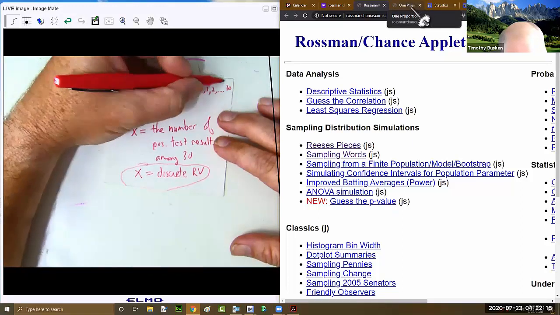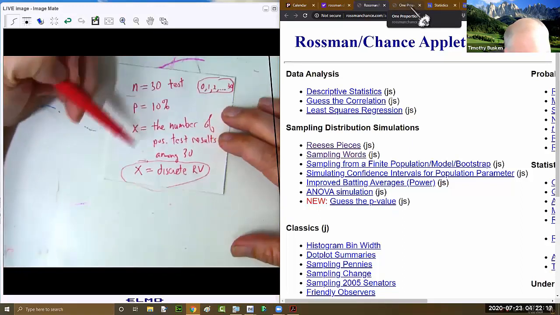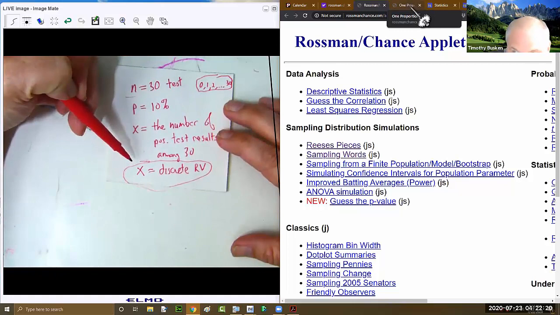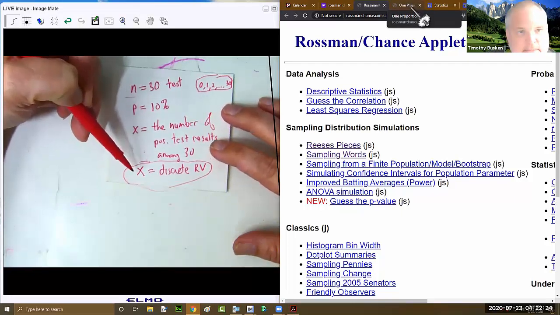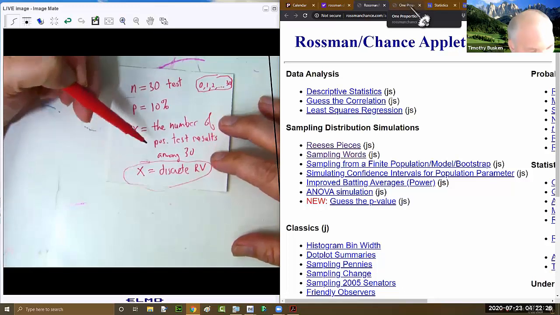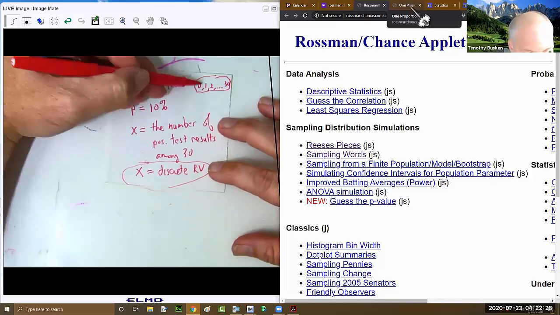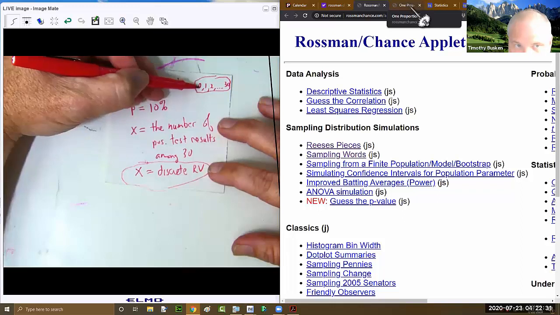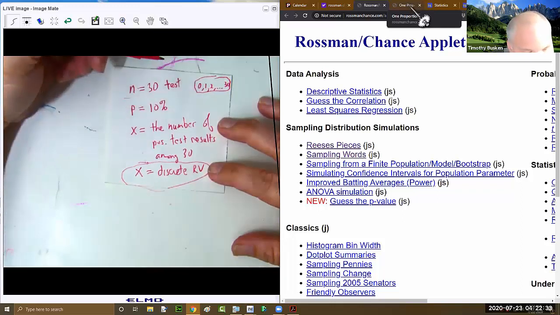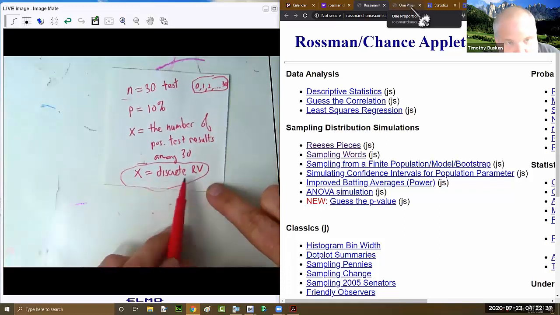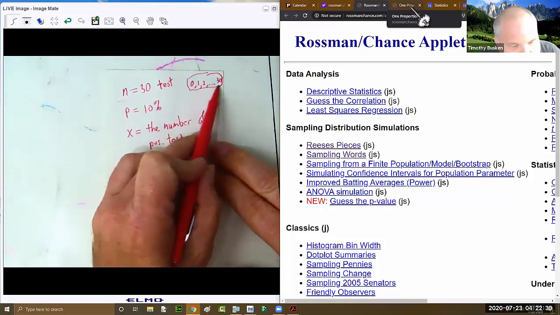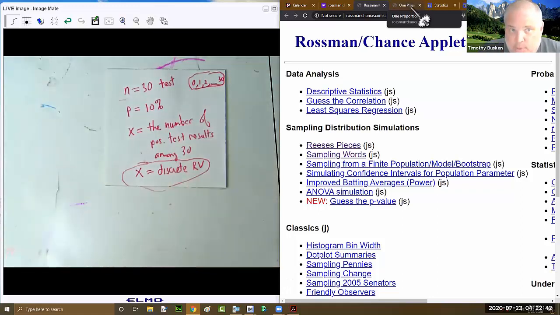We don't know what X is in our sample, but it can be any whole number between 0 and n, or 0 and 30. If you graphed all of these values of X, they would be isolated points on the number line, separated, not a connected set.